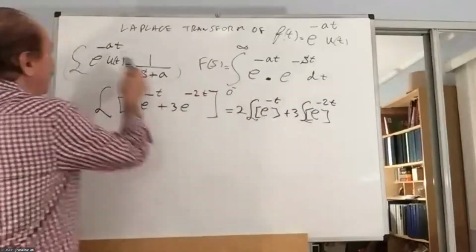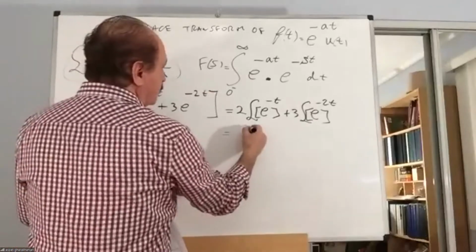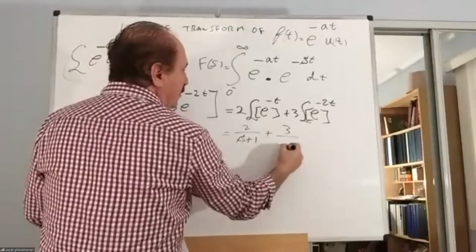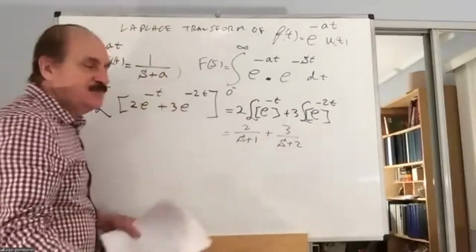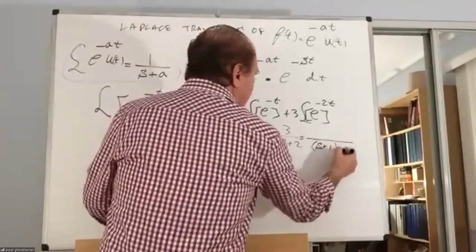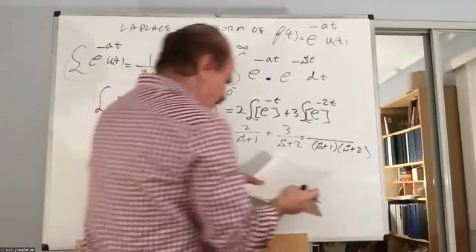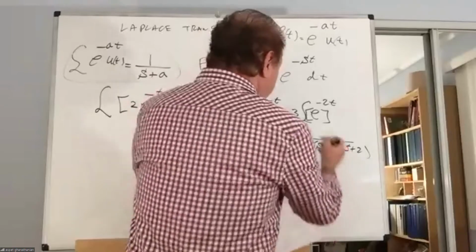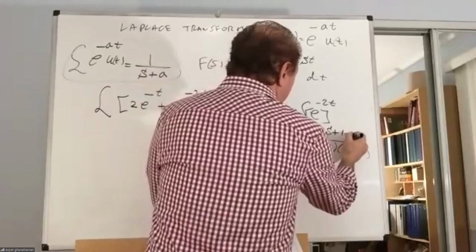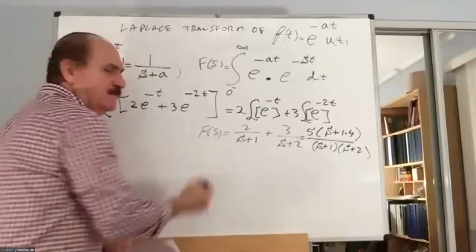Here A is 1, there A is 2. So the outcome will be 2 over s plus 1, and this one will be 3 over s plus 2. Take a common denominator. You will get s plus 1, s plus 2, and then in the numerator 5 times s plus 1.4. There it is, a classic function.